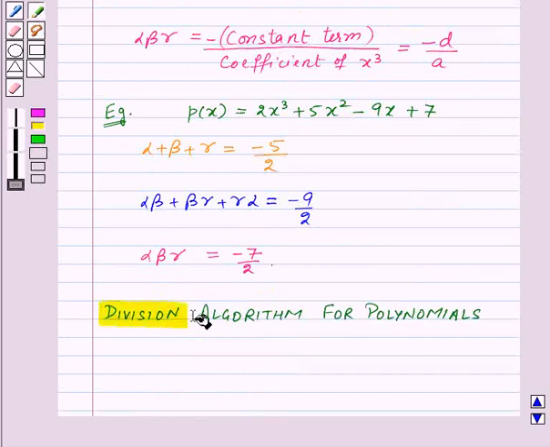Now let's see what is division algorithm for polynomials.